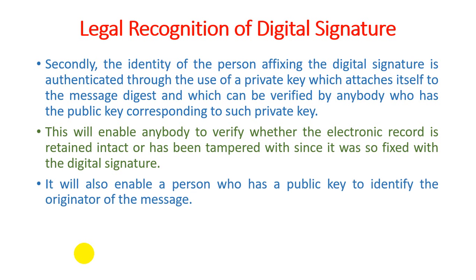It will also enable a person who has a public key to identify the originator of the message. As we discussed, if someone locks or converts your readable message into unreadable form with the help of a public key, we can easily identify who converted our message, because they converted it with their public key.